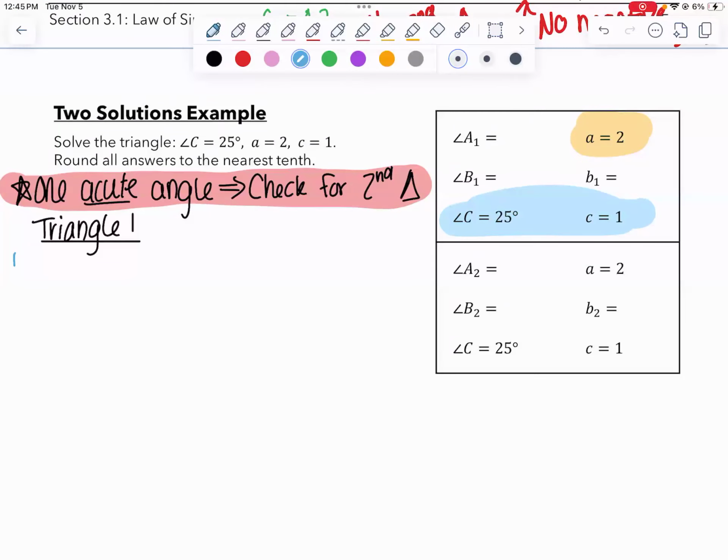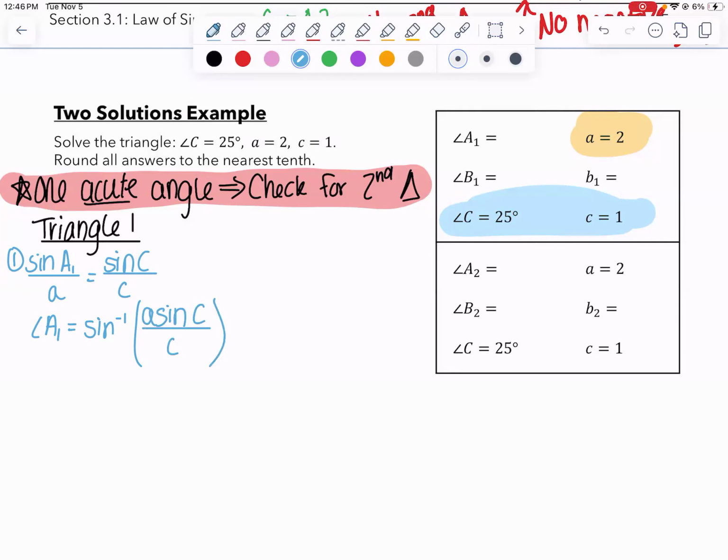That means sine of A1 divided by baby A is equal to sine of C over baby C. The rearrangement of this, angle A1 is equal to sine inverse of baby A times sine of angle C over baby C. Maybe I'll just write one more step just so you can see it. Why not? It's an online video. I can take my time here.